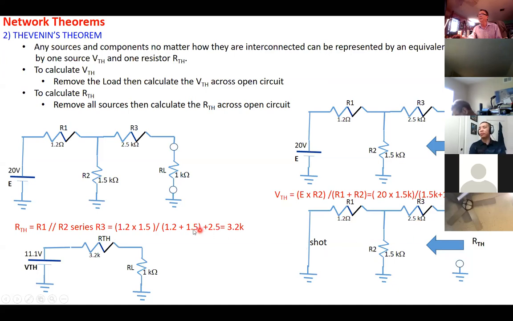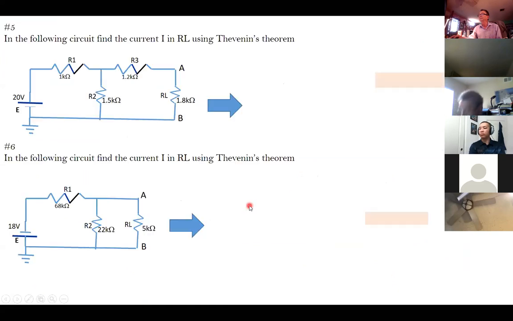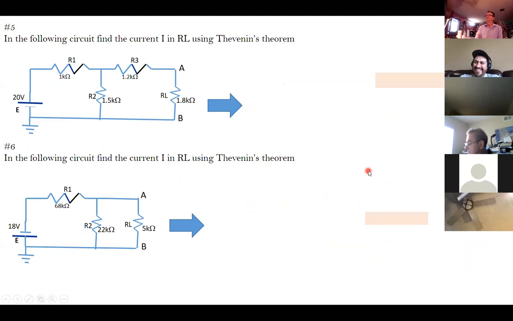You add them up, and that's R Thevenin. All right, now you do this for me. I'd like to see how much you understand. Anyone can get the right answer for me. They want R Thevenin and V Thevenin.